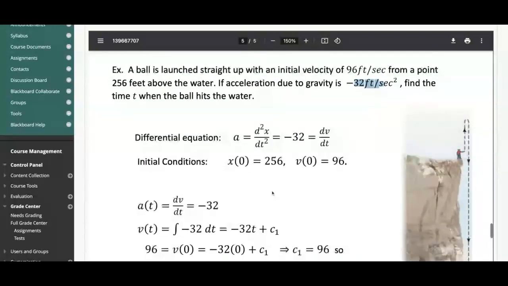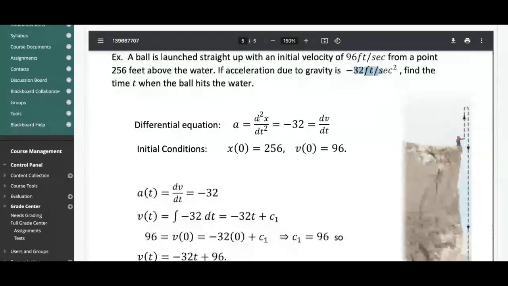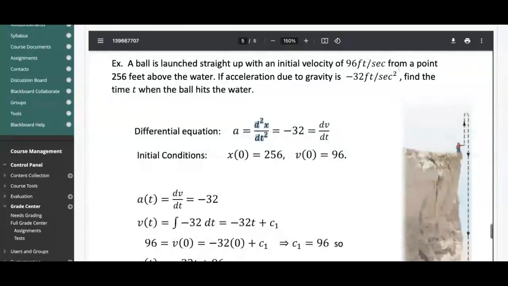Okay. So we have this differential equation: a of t equals negative 32 again, which is the derivative of the velocity. And then we have two initial conditions.